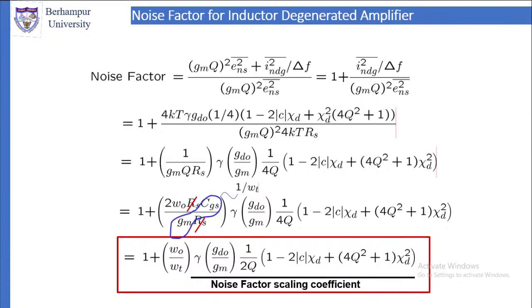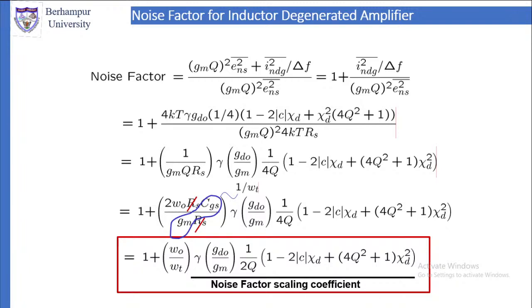Denominator will be GM, so CGS by GM, and the other factors remain the same. So we can write it as 1 plus omega 0 by omega t, because 2 CGS by GM is equal to 1 by omega t. So 1 plus omega 0 by omega t into gamma into GDO by GM into 1 by 4Q. 1 by 2Q, 2 by 4, so the 2 cancels out, leaving 2.